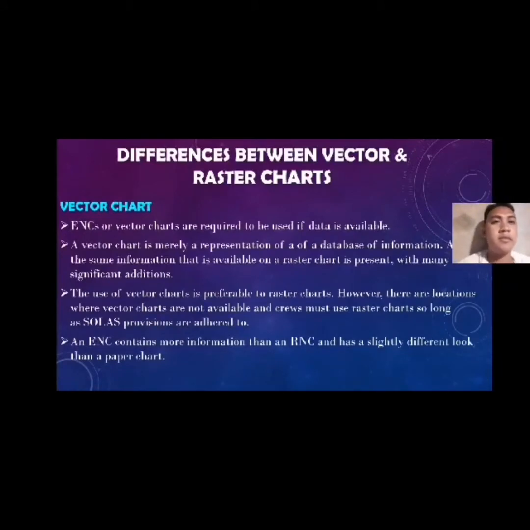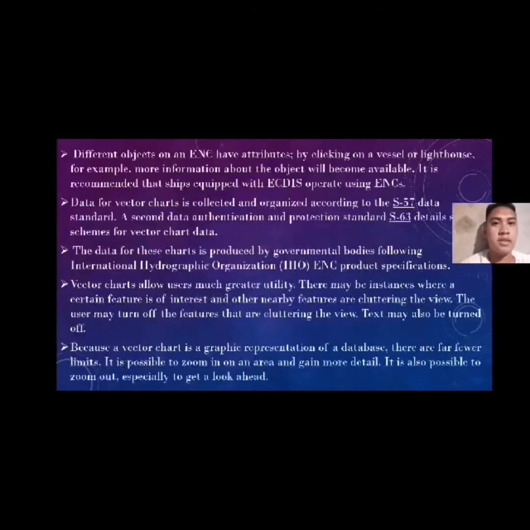The differences between vector and raster charts. Different objects on an ENC have attributes; by clicking on a vessel or lighthouse, for example, more information about the object will become available. It is recommended that ships equipped with ECDIS operate using ENC. Data for vector charts is collected and organized according to the S-57 data standard.